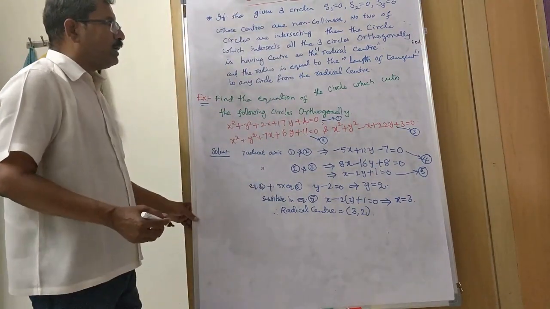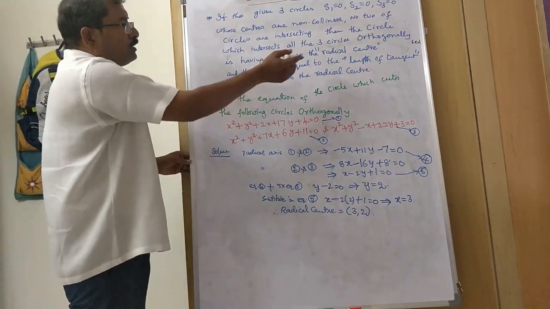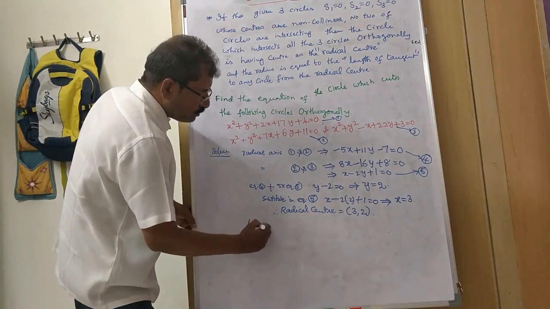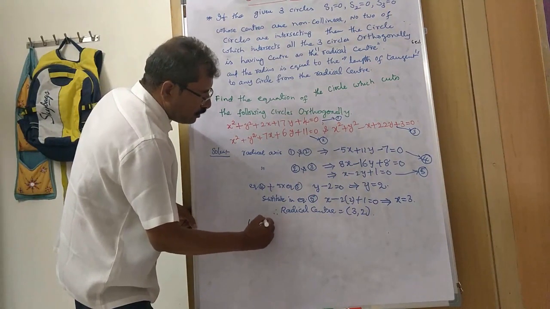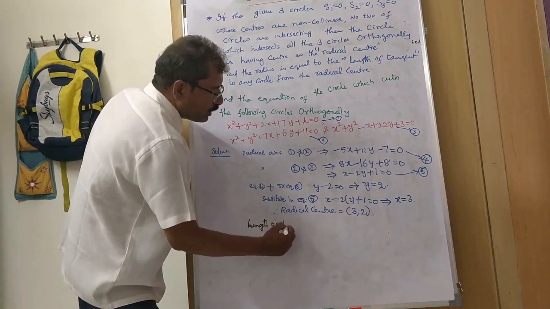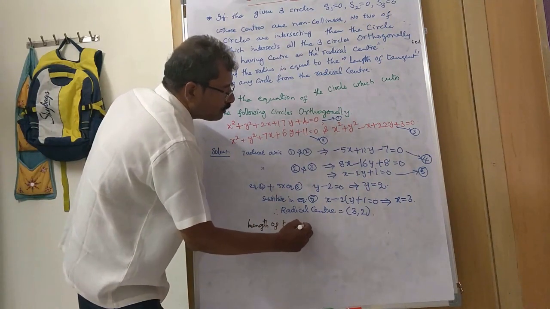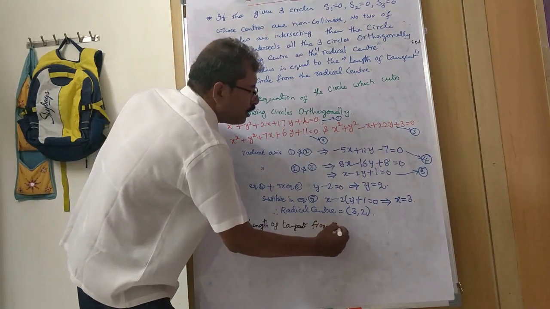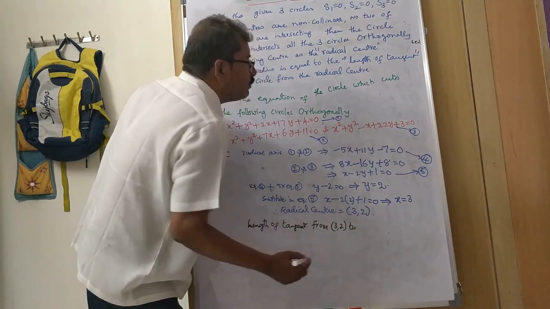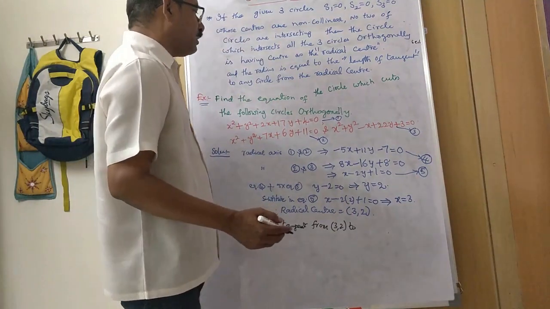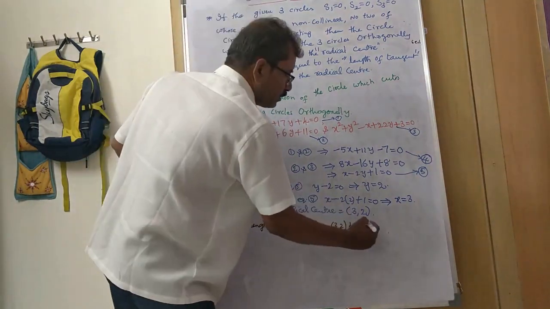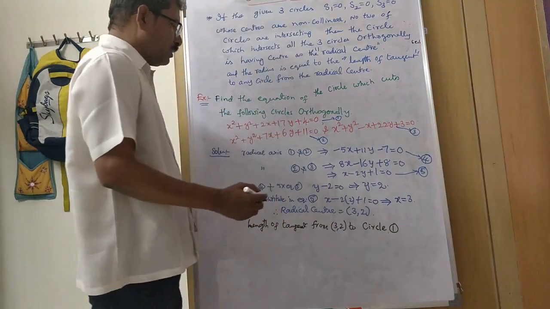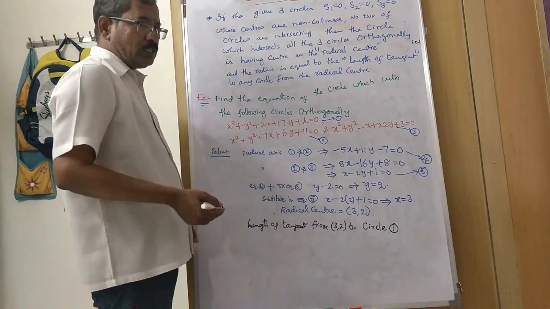After that, I want to find the length of the tangent. Length of the tangent from where? From this point, the radical center 3 comma 2, to any one circle. I want to take the first circle, circle 1. You know that, just substitute that and take the under root.